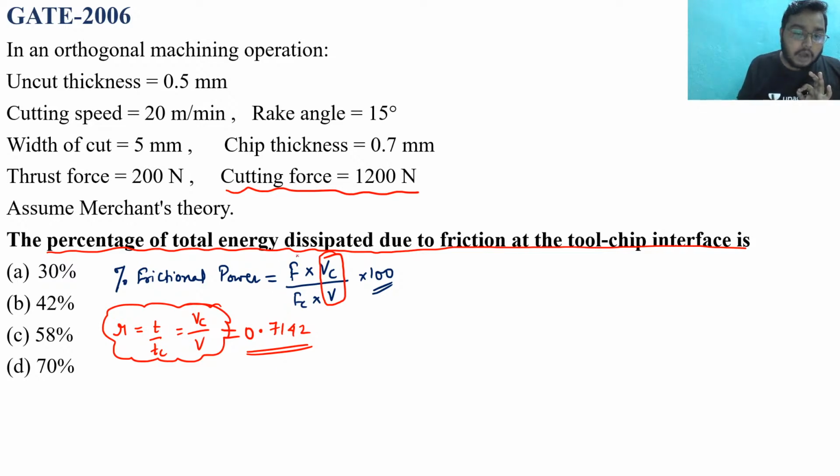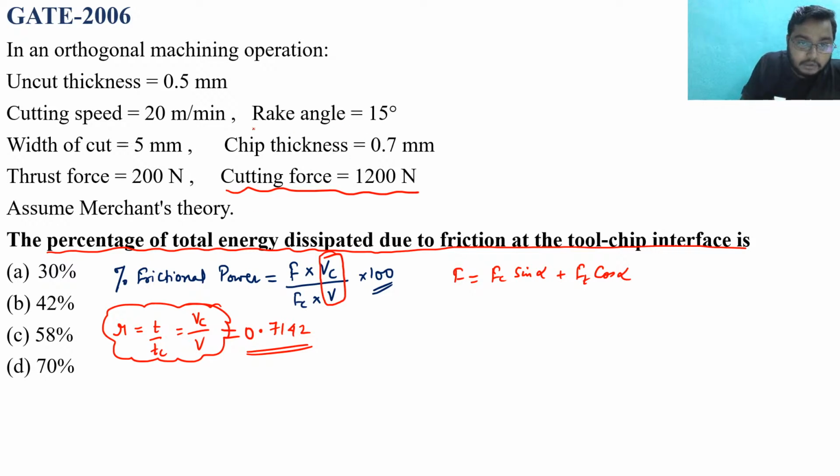Next is frictional force. So how can you find the F? Tell me. See, the value of F is equal to Fc sine alpha plus Ft cos alpha, right?